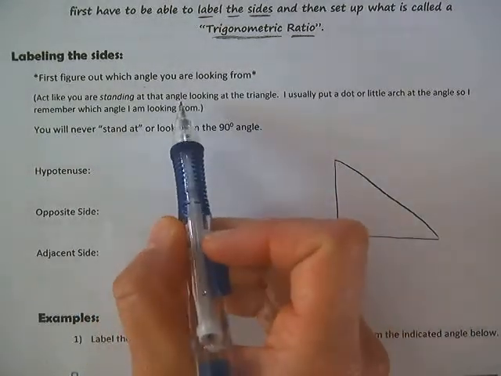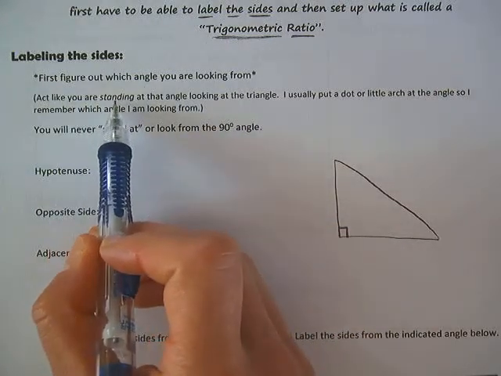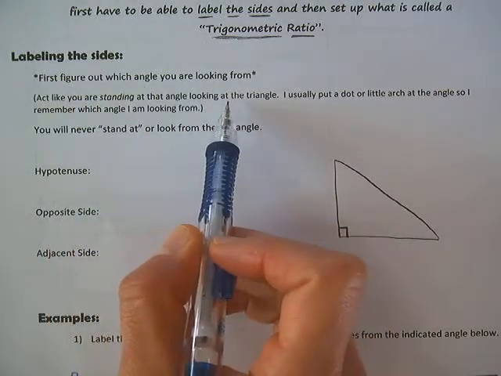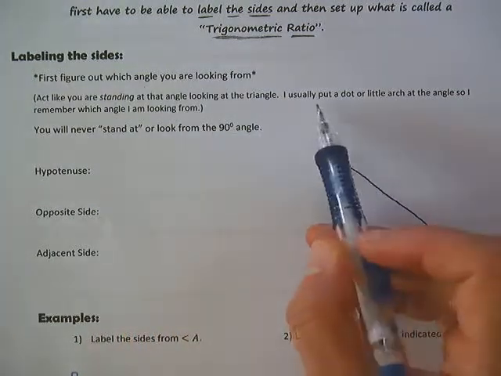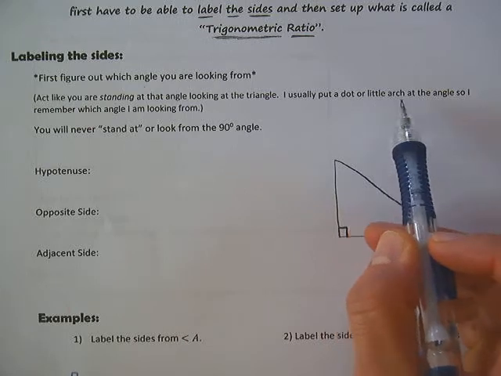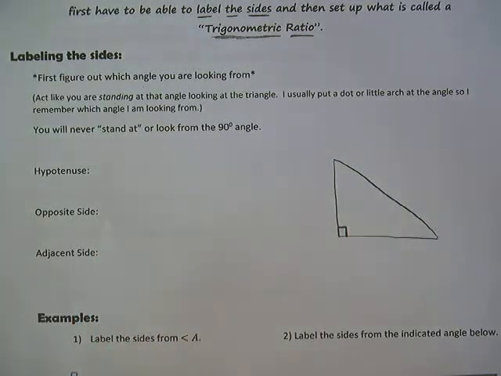Whenever you figure out the angle that you're going from, you're going to act like you are standing at that angle looking at the triangle. I usually put a dot or a little arch in the angle so that I can remember which angle I was looking from.